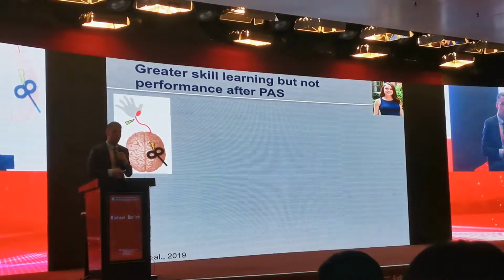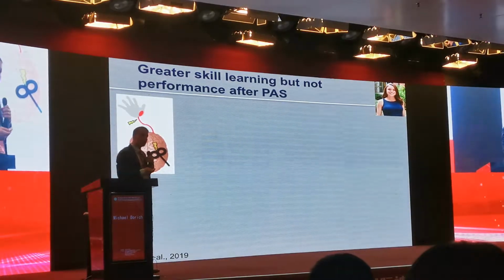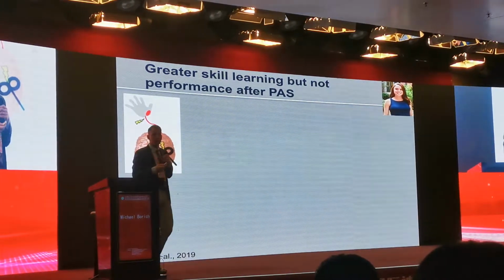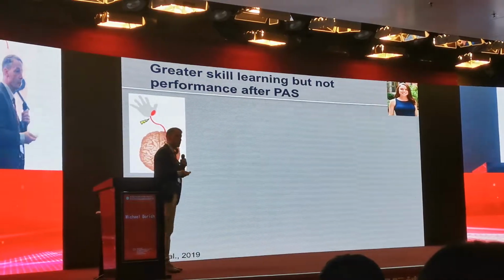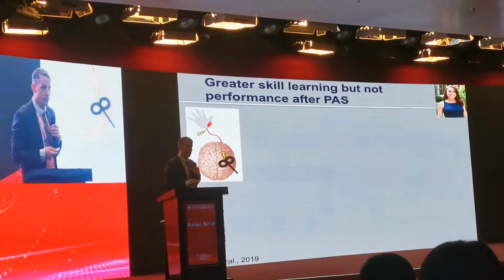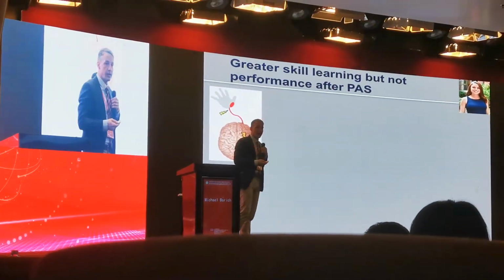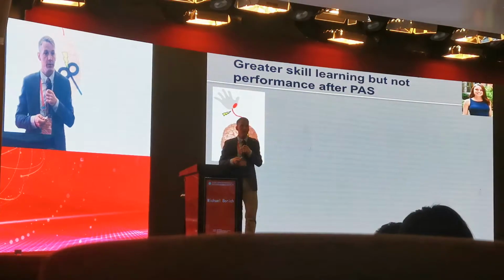So who cares is our first question, because at the end of the day, in my lab, we're really interested in behavior and how an individual can perform movements better. And so it's great that we can change the excitability of the brain using non-invasive brain stimulation techniques like PAS, but does it actually have any effect on the ability to learn?